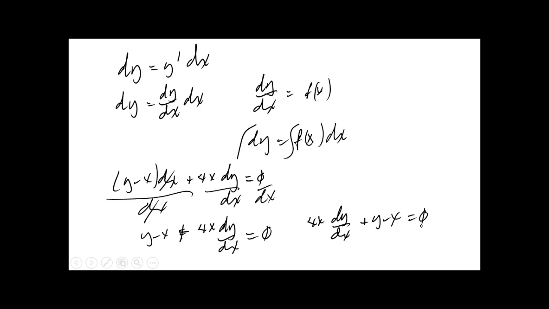But if we're wanting your y's on one side and your things without y's on the other side, we write that as 4x dy/dx plus y is equal to x.